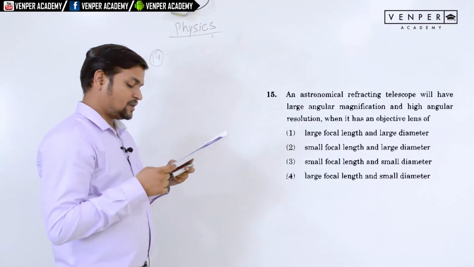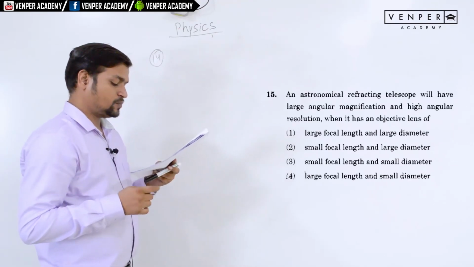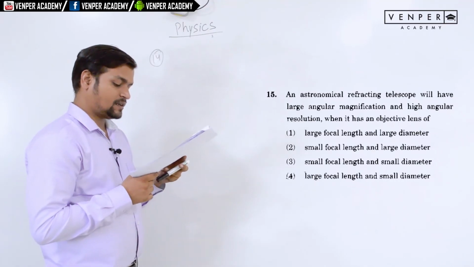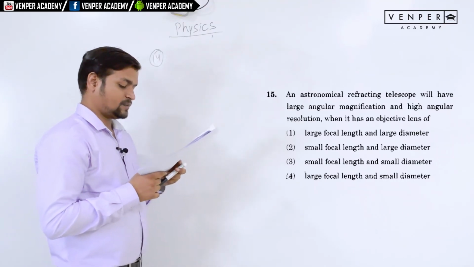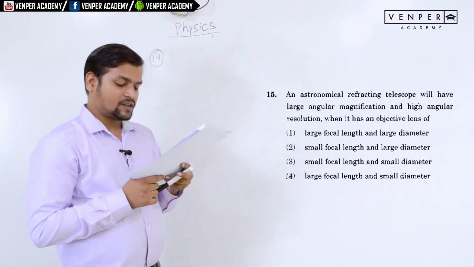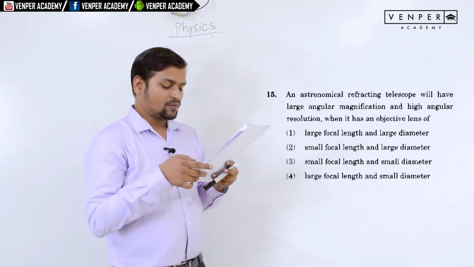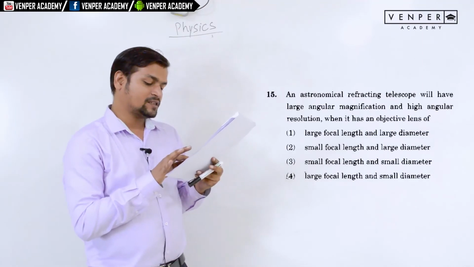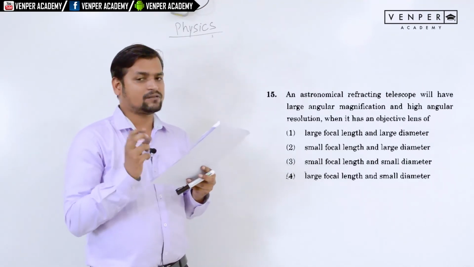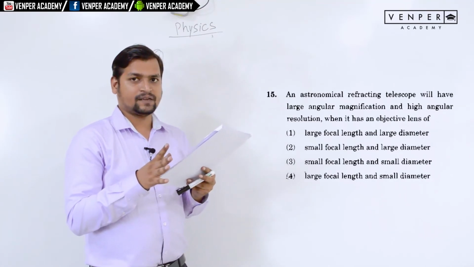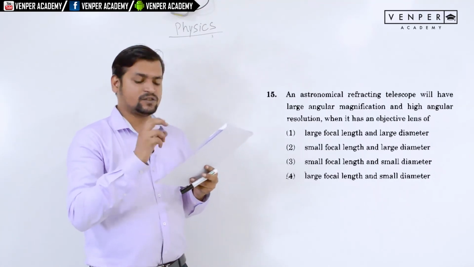An astronomical refracting telescope will have large angular magnification and high angular resolution when it has an objective lens of, okay. First they are asking for large angular magnification. For large angular magnification, its focal length should be large, clear, that is directly proportional to its focal length.